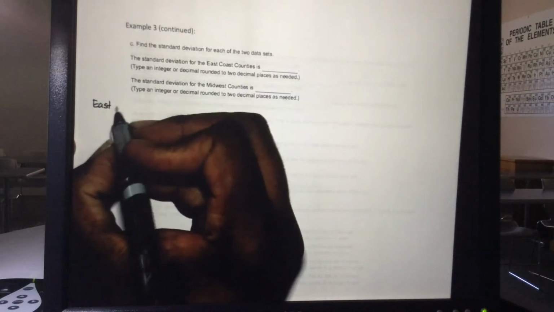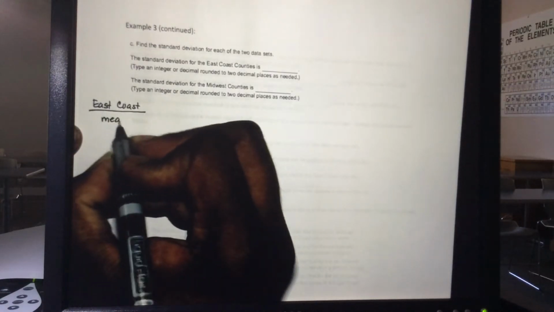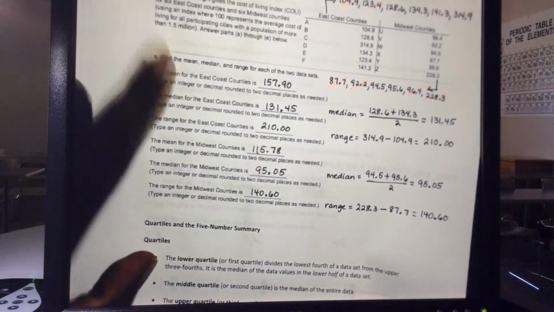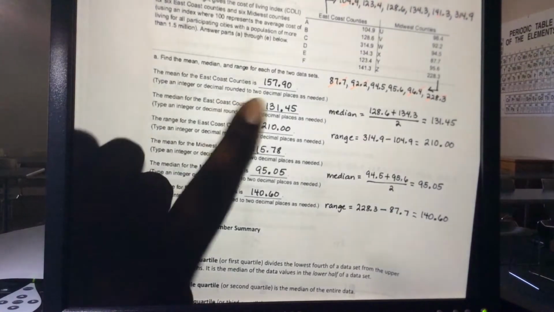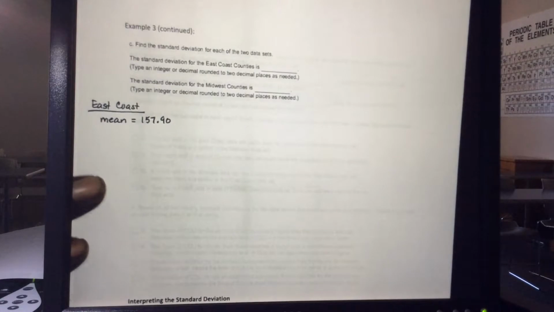I'm going to label this as East Coast. We've already found the mean back in part A of this example 3. For East Coast counties, the mean is 157.90. That's your mean.